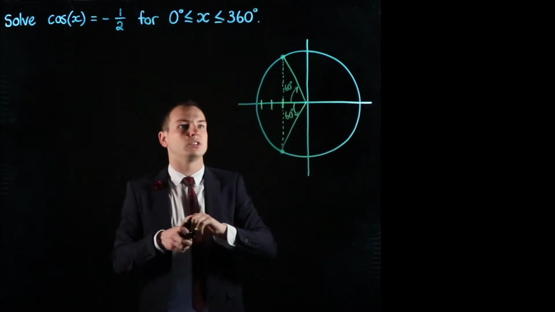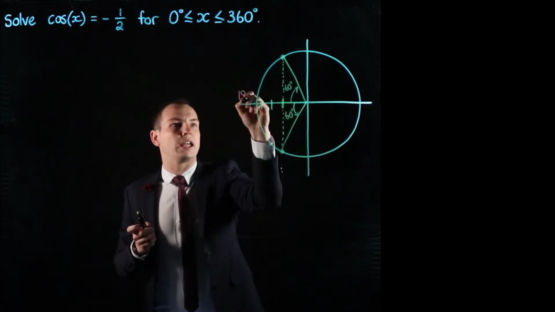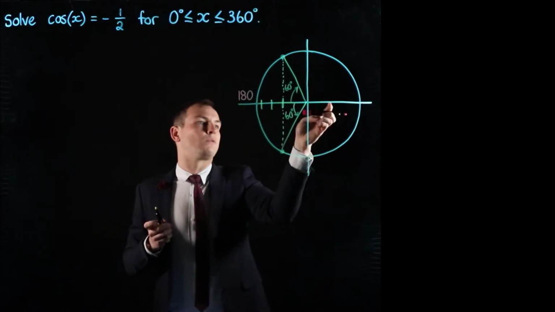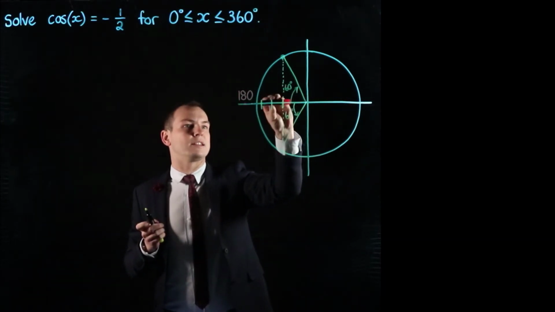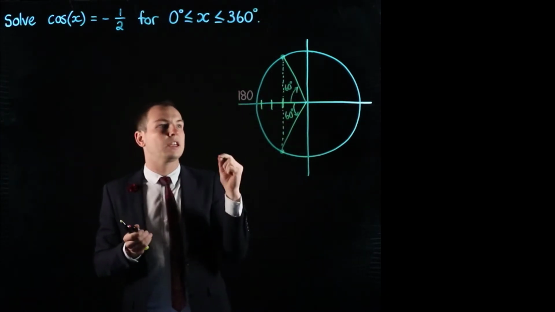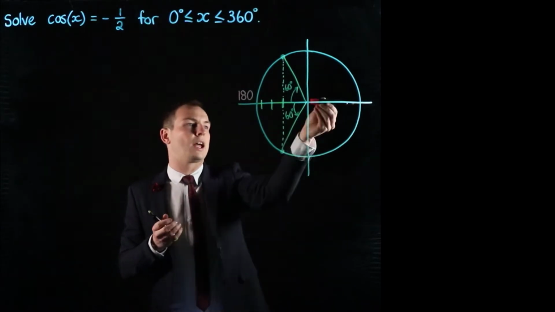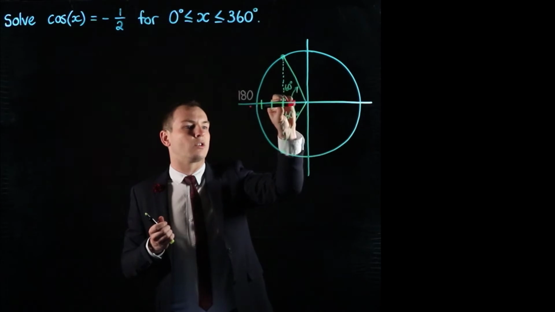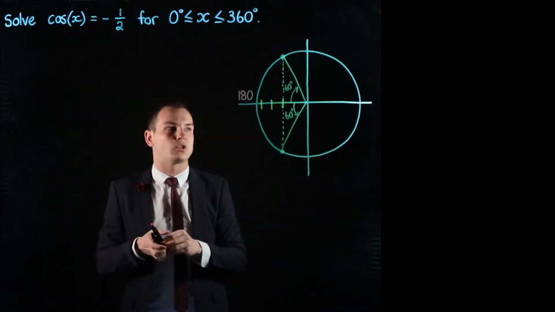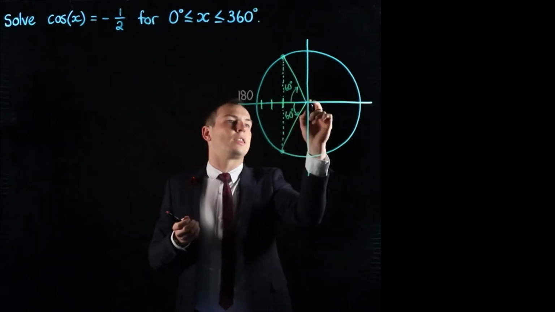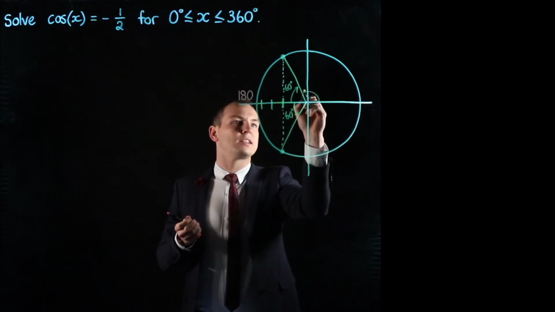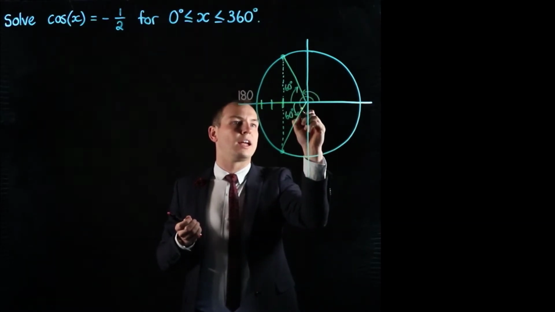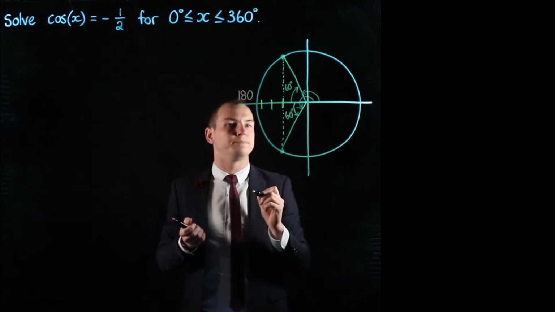And that horizontal is 180 degrees measured from the positive x-axis to there. So we can now think about these values. We want 180 degrees subtract 60, and we want 180 degrees plus 60 to give us our two solutions. So that would be from the positive x-axis, this angle here, and the angle around to this point.